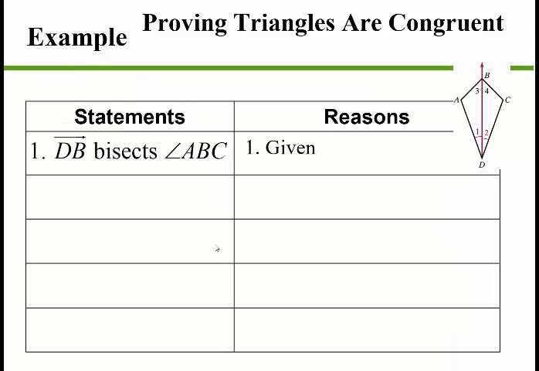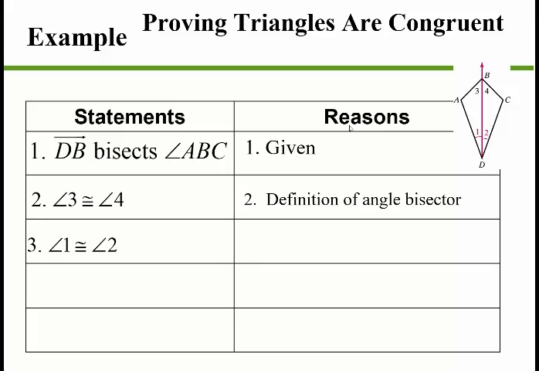To do this, we're going to do a two-column proof. First off starts what's given: ray DB bisects angle ABC. What that means, by the definition of an angle bisector, is that angle 3 is congruent to angle 4.